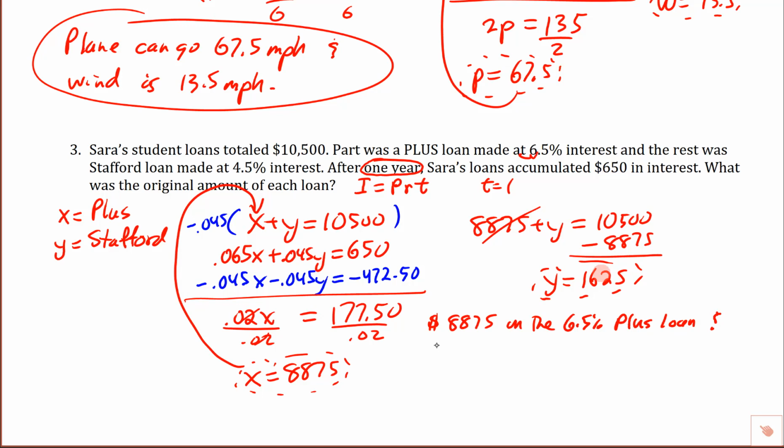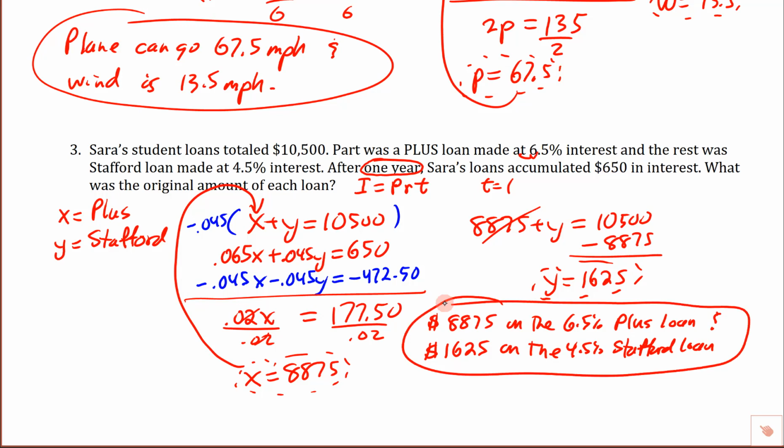And let's see, the other amount is going to be the 1625 on the 4.5% Stafford loan. So we'll write Stafford loan right here. And then we'll go ahead and circle this and we'll have our answer right there.